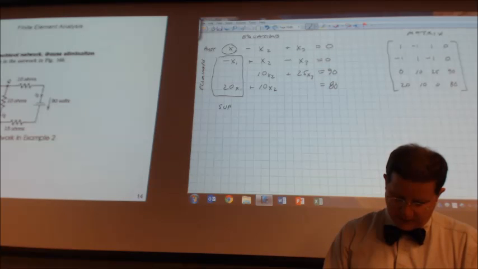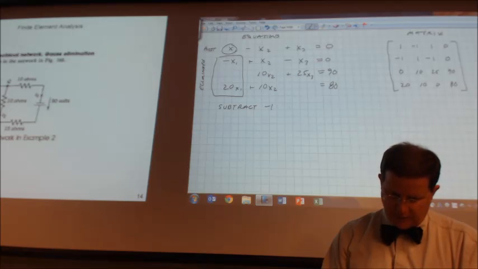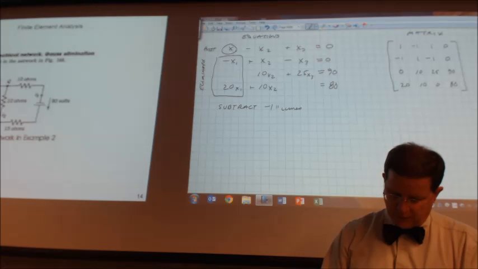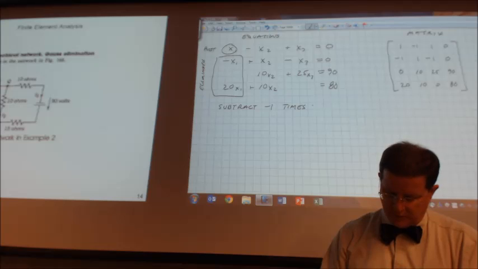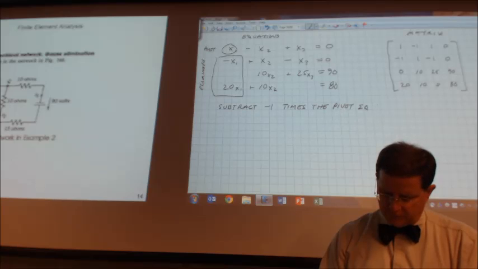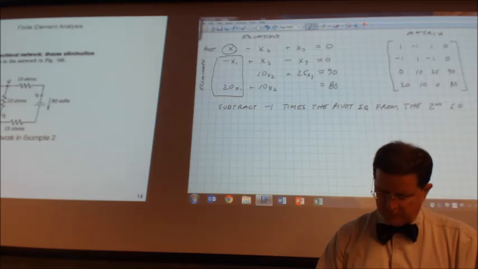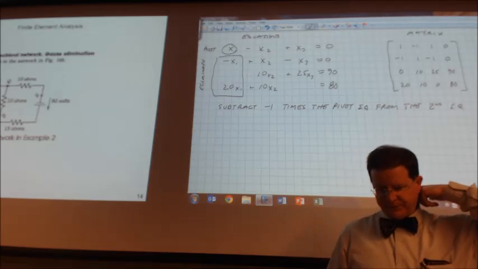We're going to subtract -1 times the pivot. I should write in block letters so you can read. Right?